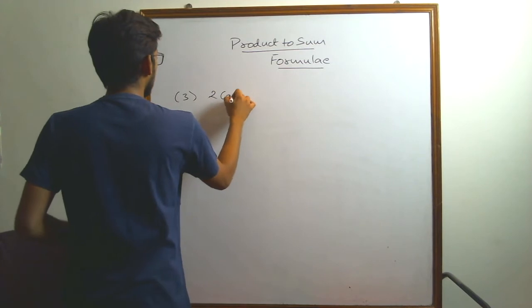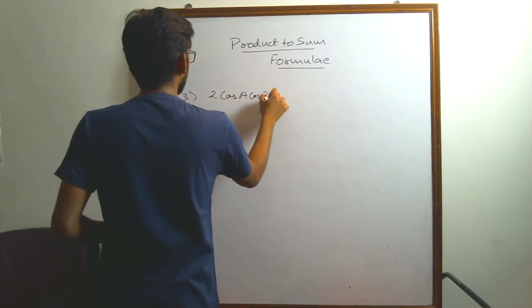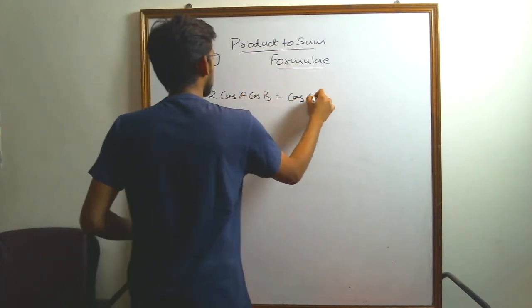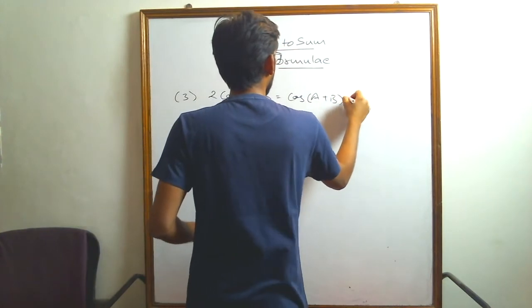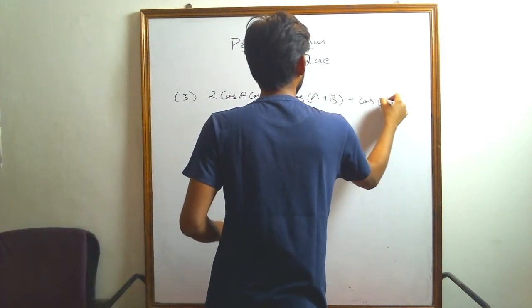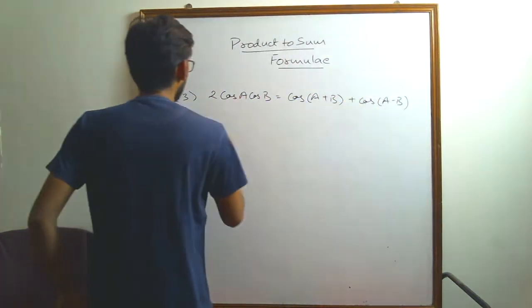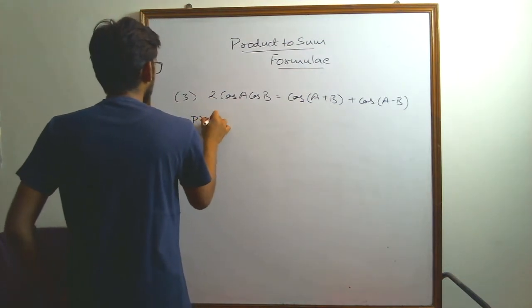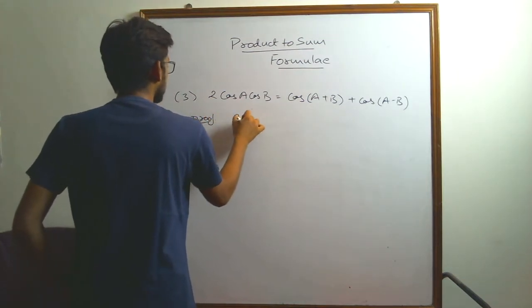The third formula is 2 cos A cos B, which is equal to cos A plus B plus cos A minus B. Again, proof for this is by proceeding from the RHS.